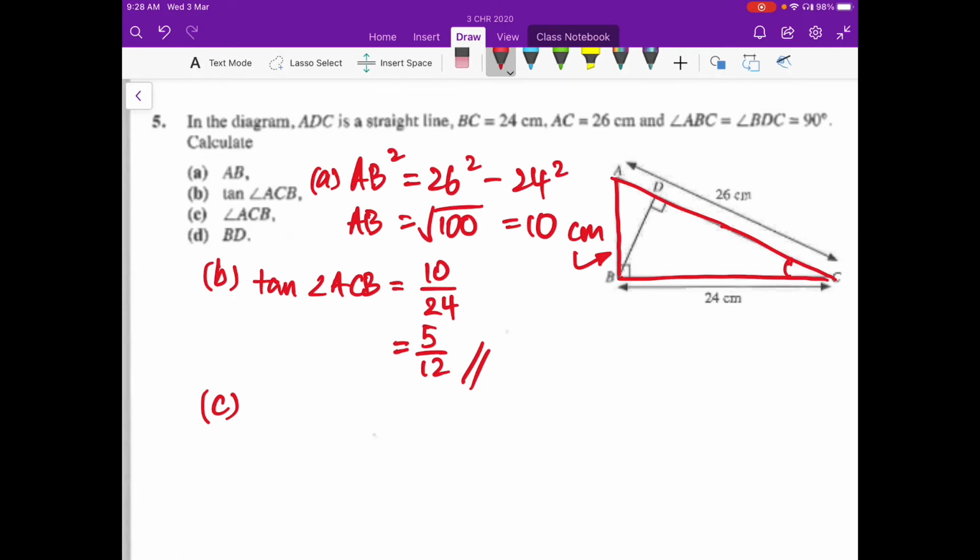I'm not sure. Yeah, I think I know. Come on, quick. How do you find the angle? Must stand up and answer. Yes?